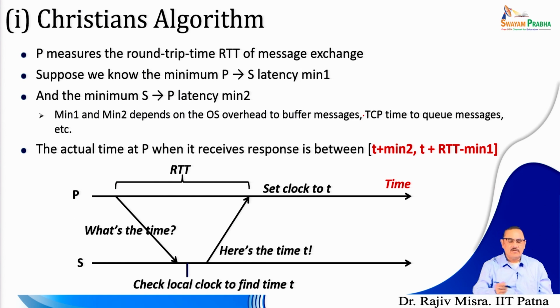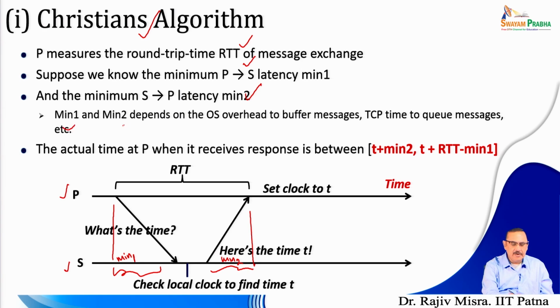Let us see Christian's algorithm, which is an external synchronization algorithm. It has an external clock and a process P that wants to synchronize its clock. P measures the round trip time of a message exchange. Suppose we know that the minimum P to S latency is min 1, and the minimum S to P latency is min 2.